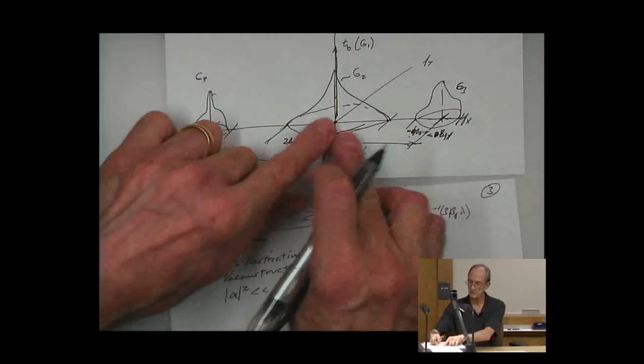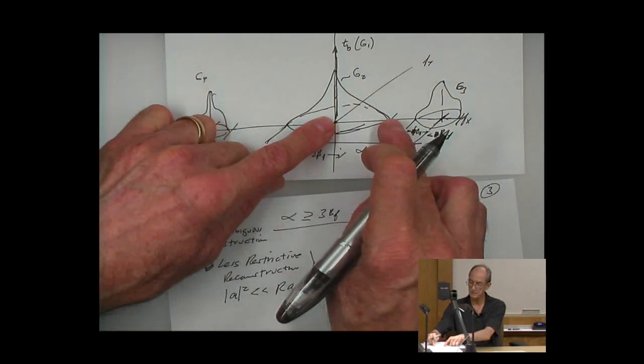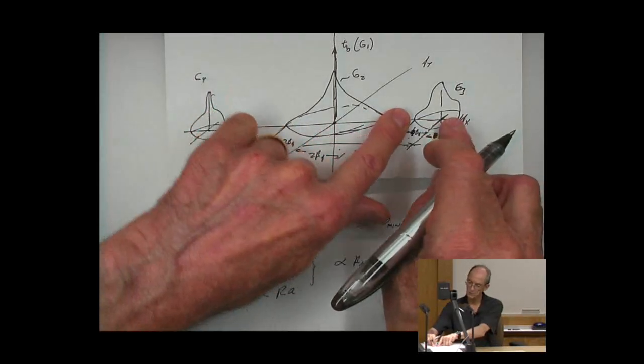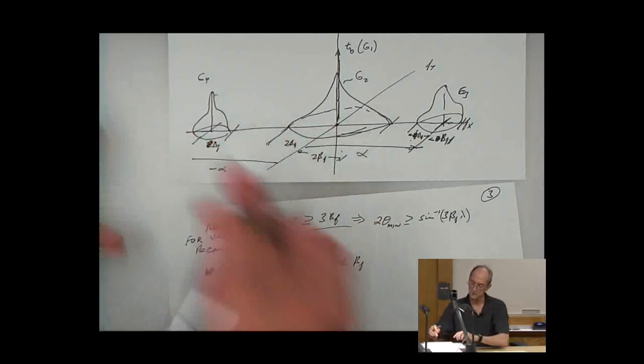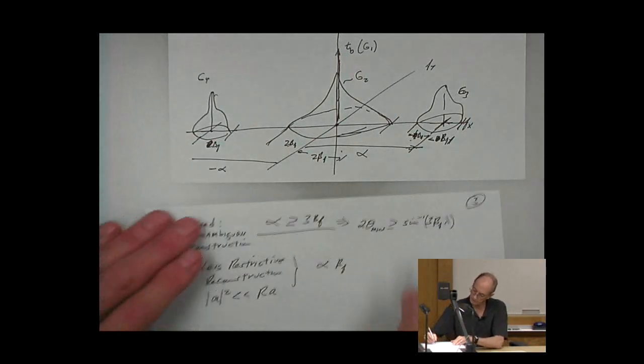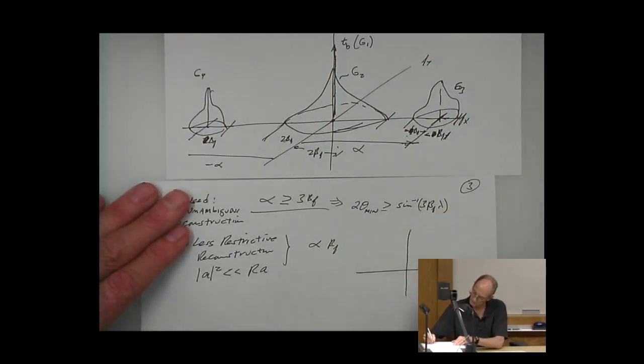Alpha just has to shift it enough so that this is on one side and this one is on the other side of the axis. Let me draw that out, to make that more clear.